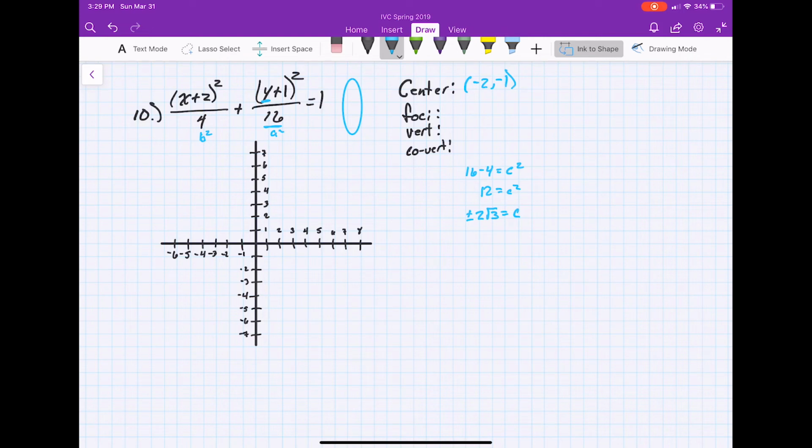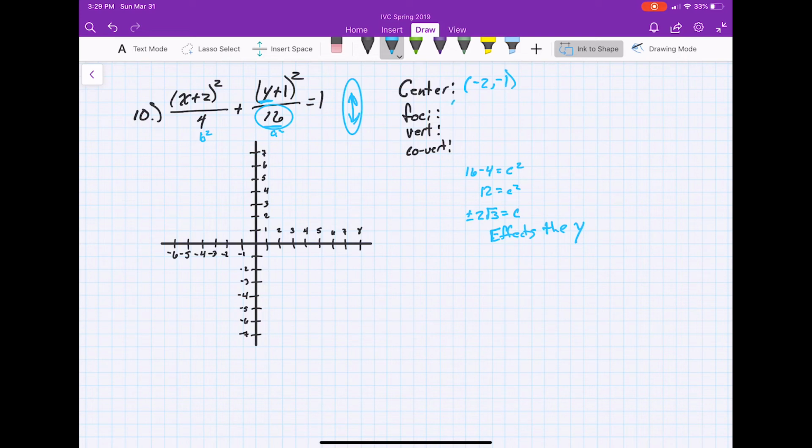And again, like I said before, because this is a vertical circle, we are going to affect the y-axis. So when we look at our center, it affects the y. So when we look at our center point, we are going to add or subtract 2 square root of 3 to the y because it's a vertical circle, or vertical oval.